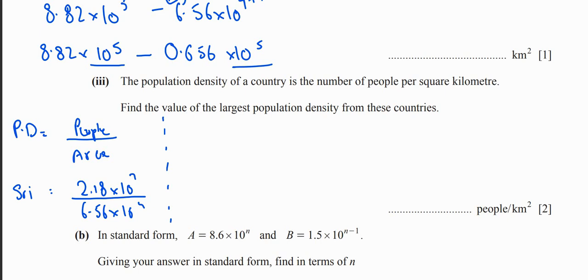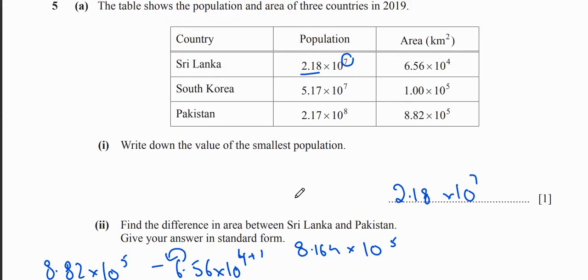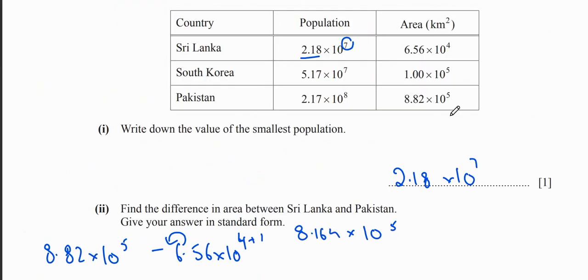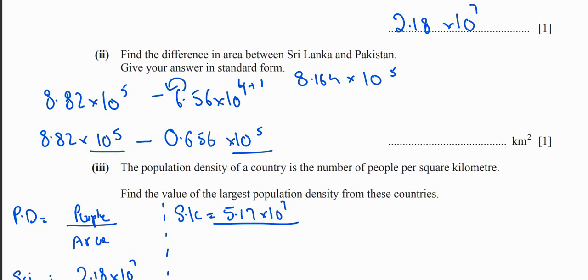Then let's do it for South Korea. For South Korea, what's the population? 5.17 multiplied by 10 raised to power 7 upon, what's the area, it's 1 multiplied by 10 raised to power 5.